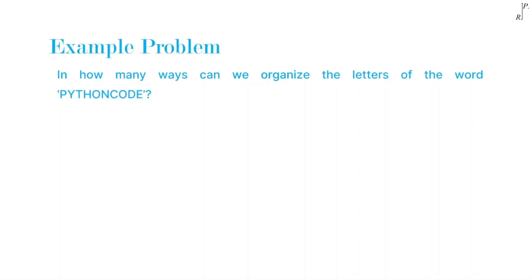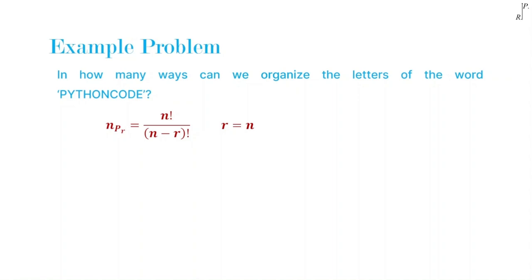Now let's look at another problem. It says, in how many ways can we arrange the letters of the word Python code? The word given here has 10 letters. If we observe carefully, this is again a problem of permutations, where we need to find the possible number of arrangements of 10 letters. Here we have r equal to n, and we can calculate nPr, which is equal to n factorial upon (n minus r) factorial.